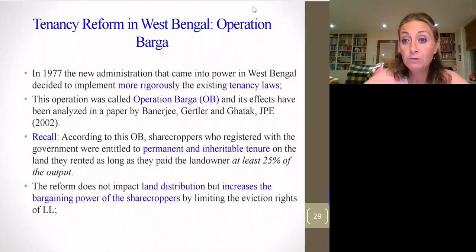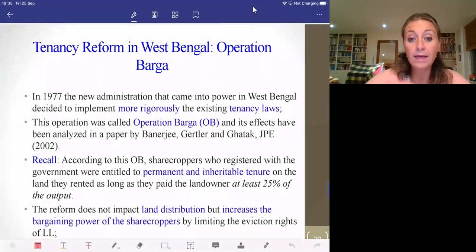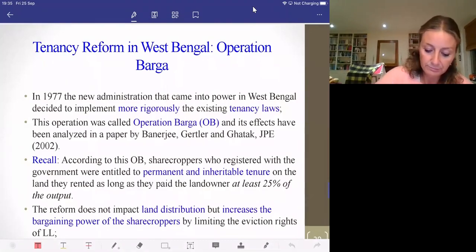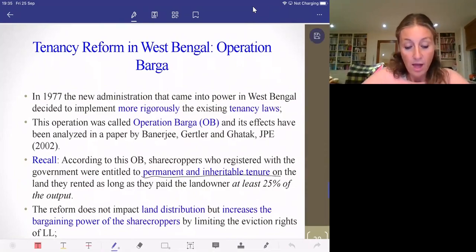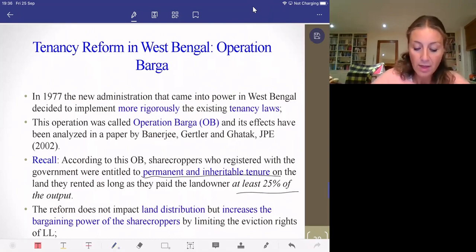According to the law, sharecroppers who registered with the government were entitled, as you probably remember, to permanent and inheritable tenure on the land that they rented, as long as they met the one condition of paying the landowner at least 25% of the harvest.